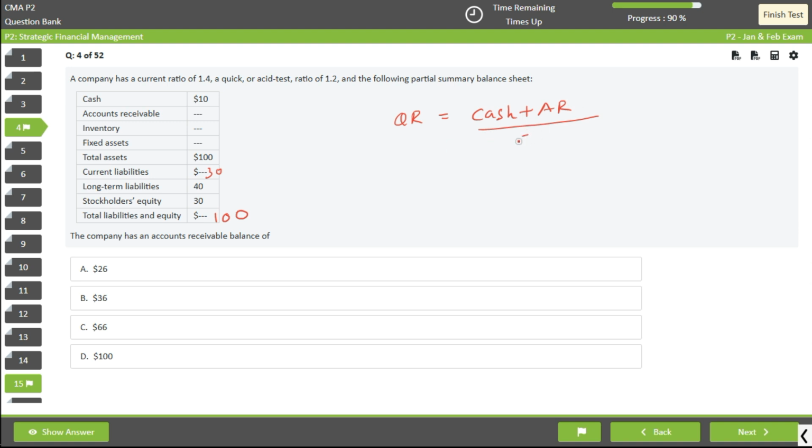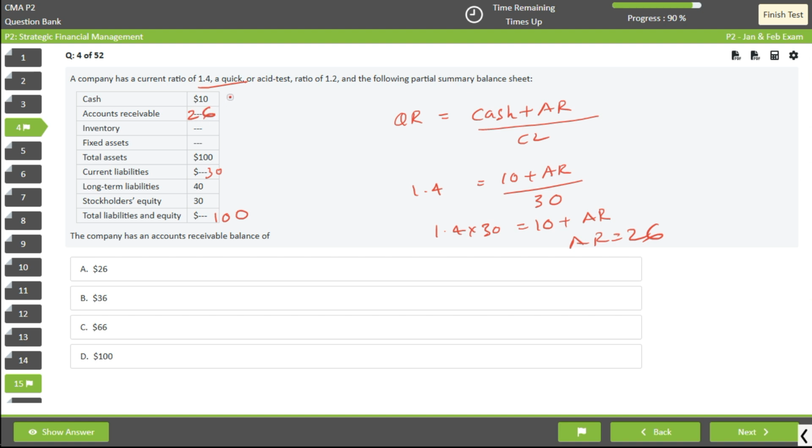Cash we have 10, we don't have AR, so by this we can find out the value of AR, and the current liabilities is 30 and the quick ratio is given as 1.4. So 1.4 into 30 is equal to 10 plus AR, and the AR is equal to 26. Now we found out the value of accounts receivable.